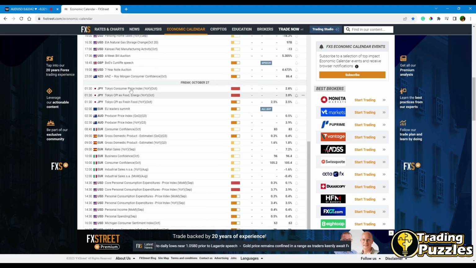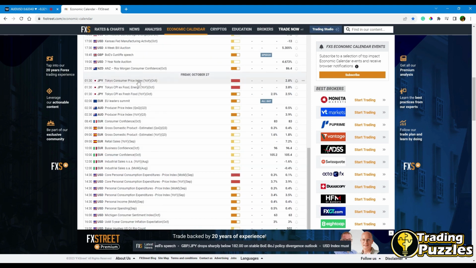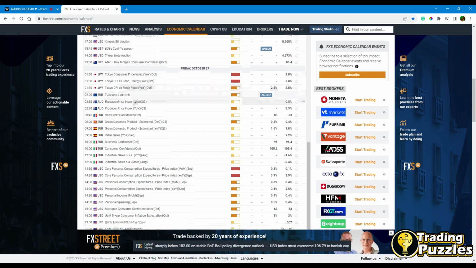On Friday, we have Tokyo Consumer Price Index. The market will focus on this index because it's very important for the Japanese economy. We may see big moves on the Japanese yen. That is why we have to be very careful and to focus on this indicator when the market will release this.